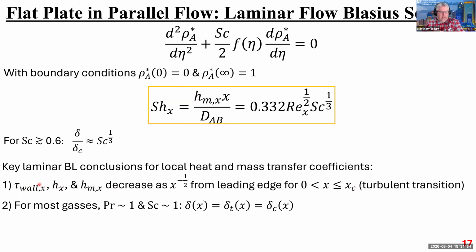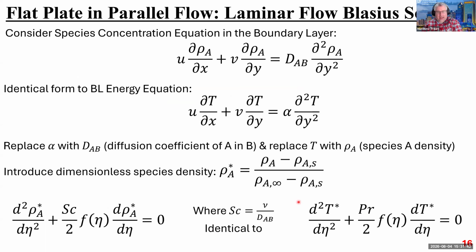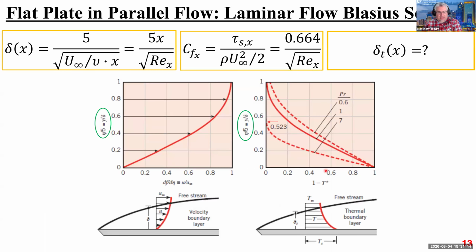So in other words, the shear, heat transfer, and mass transfer are all really, really, really high at the leading edge of the plate, and they actually get lower as you cruise down the plate, right? So high at the start of the plate and low as you cruise down the plate.